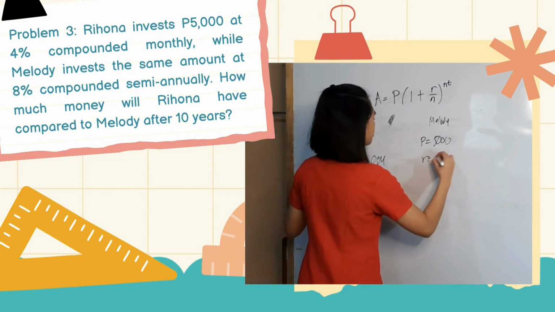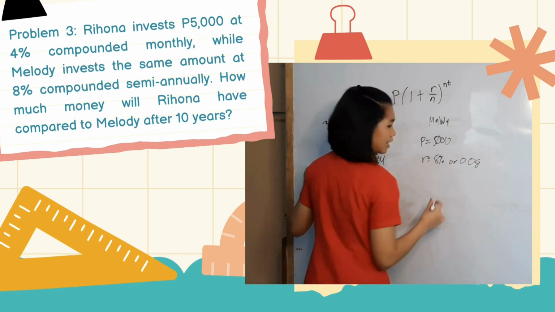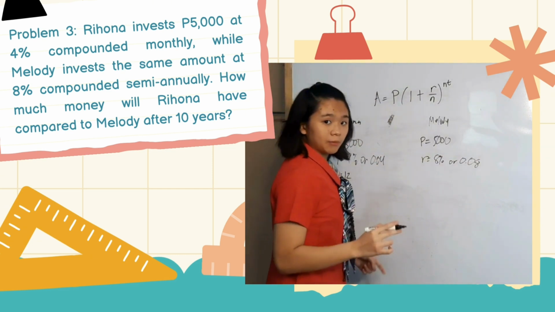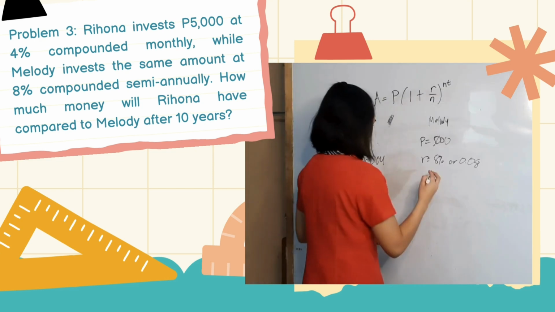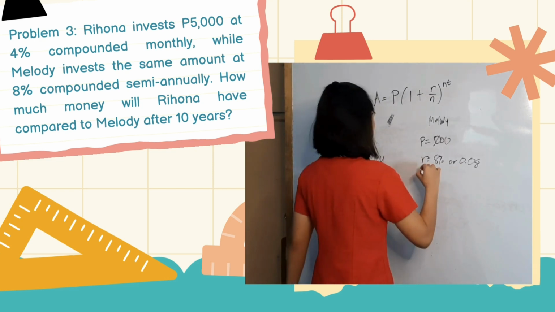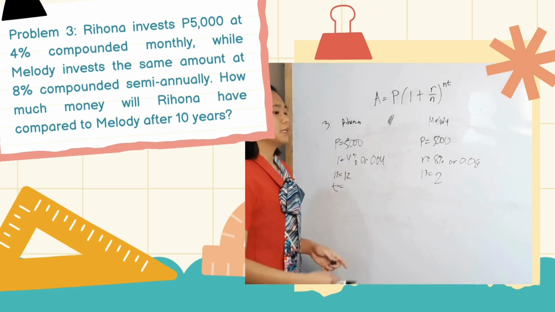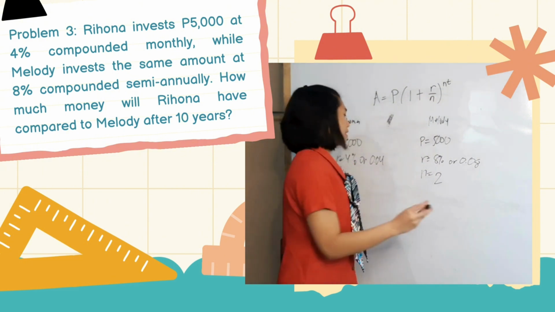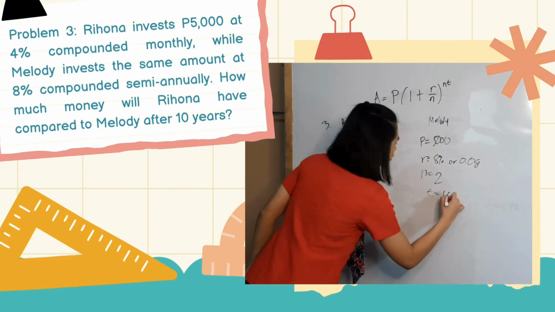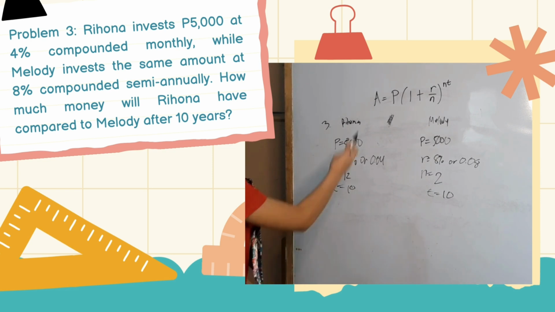So R is equal to 8% or 0.08 compounded semi-annually, that's every 6 months, so N is 2. How much money will Rainah have compared to Melody after 10 years? The time is equal to 10. So let's solve.